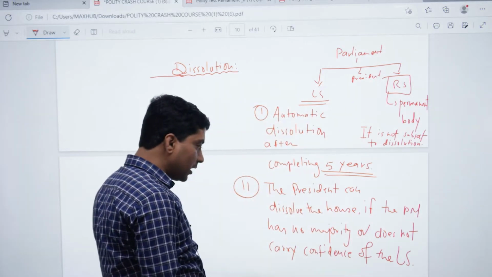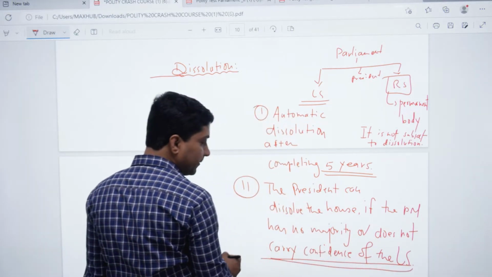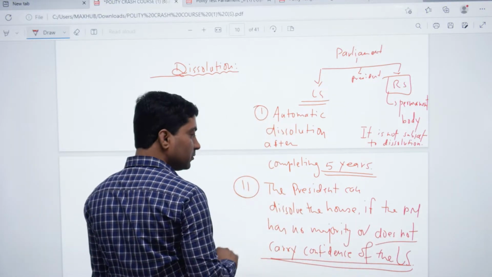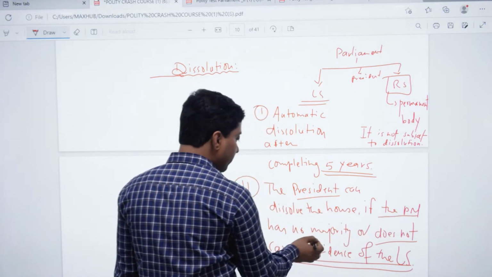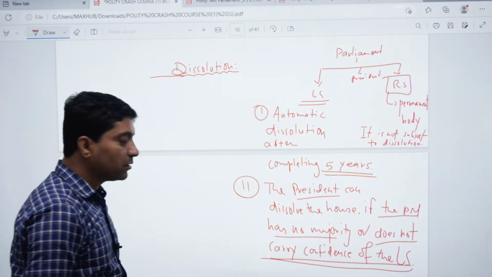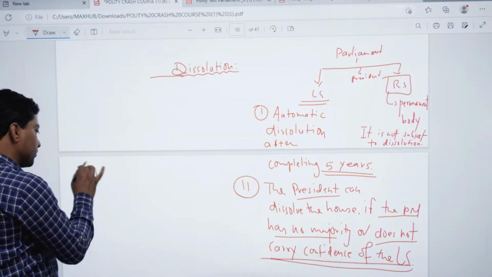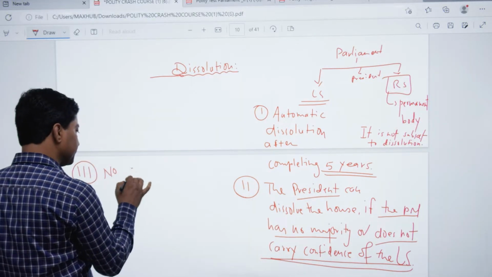If the PM does not have the confidence of the Lok Sabha, the President can dissolve. It means the PM has no majority.